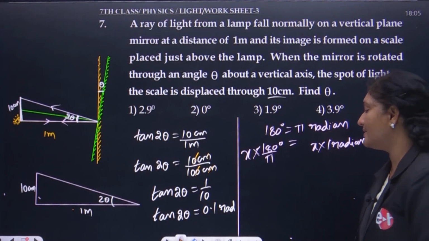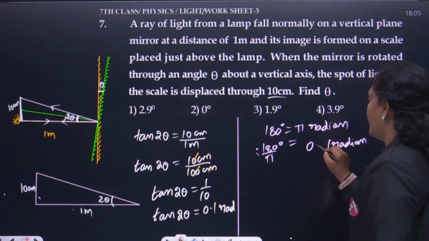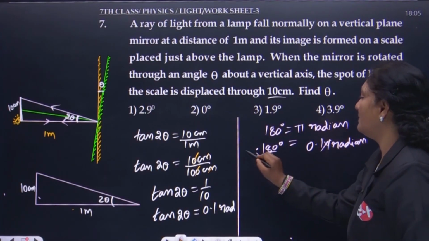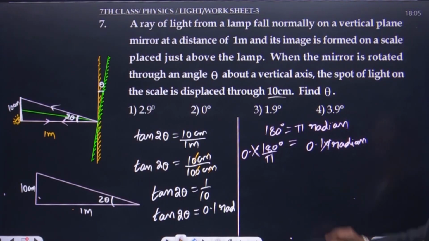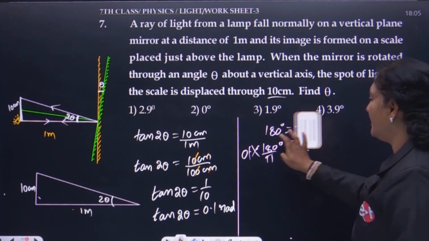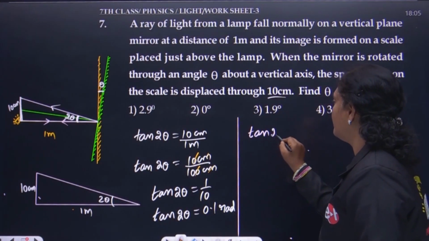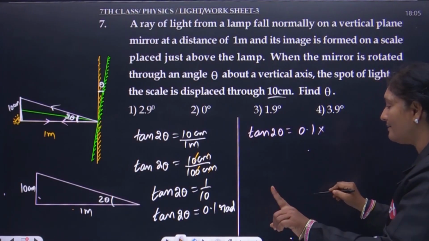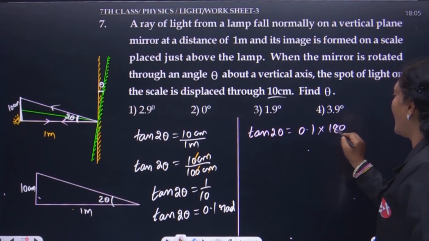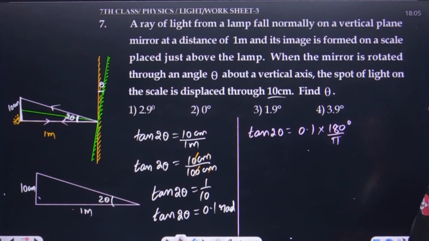But here how many radians were given? They have just given 0.1 radians. So this should be multiplied with 0.1 radians to convert it into degrees. So clearly tan 2 theta can be written as 0.1 into 1 radian, which is 180 degrees by pi, that is 180 by pi degrees.